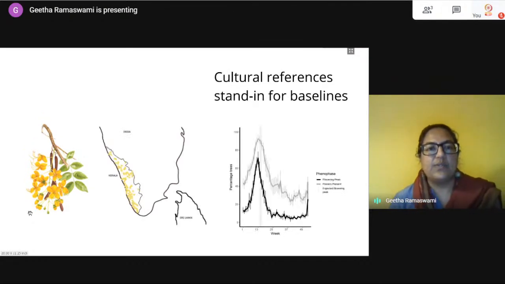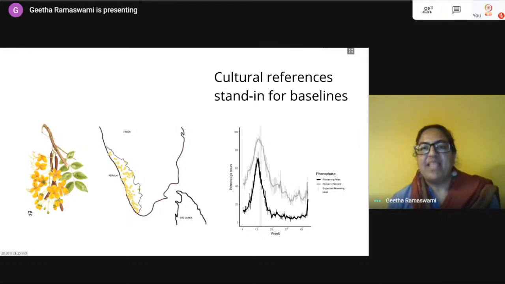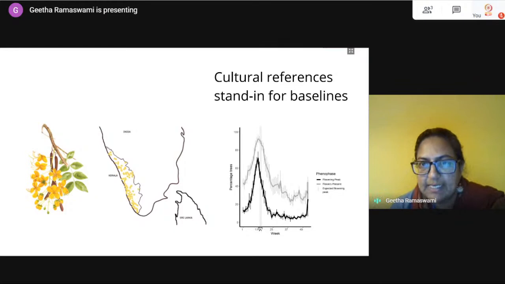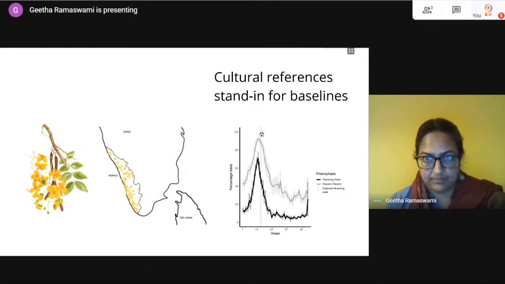What we did was we looked at the flowering phenology of all the cassia trees recorded from Kerala between 2014 and 2019, and looked at the average flowering pattern. This vertical gray line indicates the timing of Vishu every year, which is between the 14th and 15th week of the year.